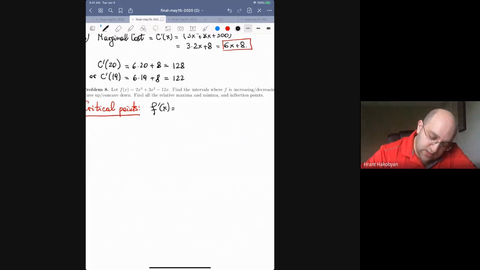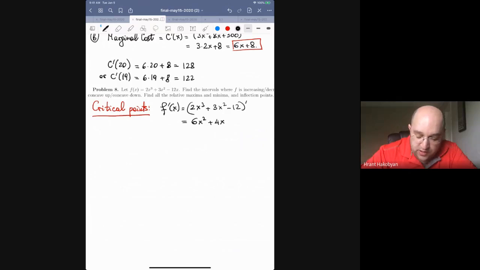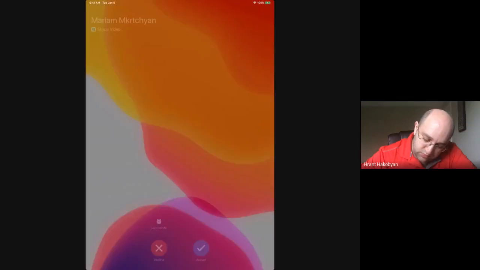And in this case, it's equal to the derivative of 2x to the third plus 3x squared minus 12, which is equal to 6x squared plus 4x. And we have to set it equal to 0 and solve.